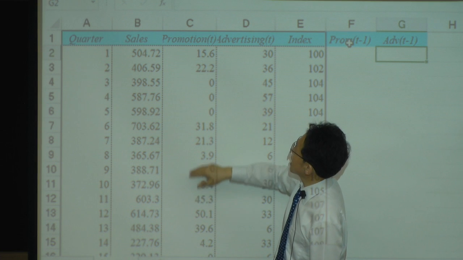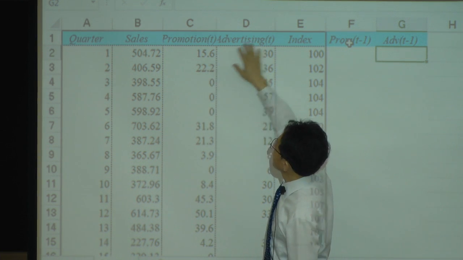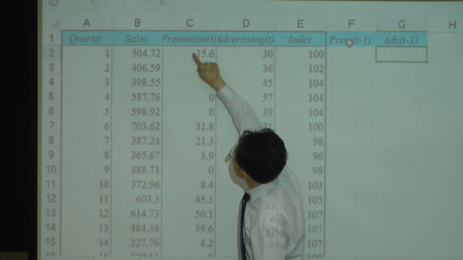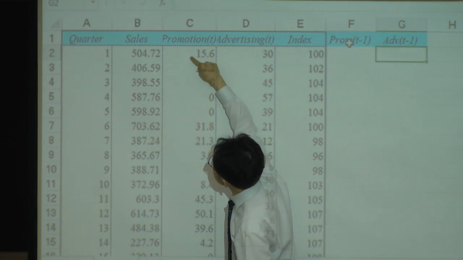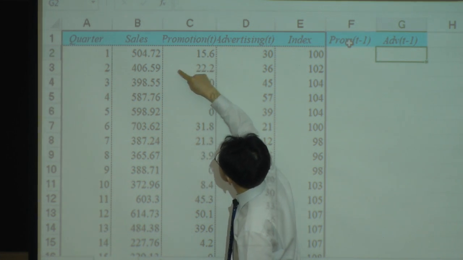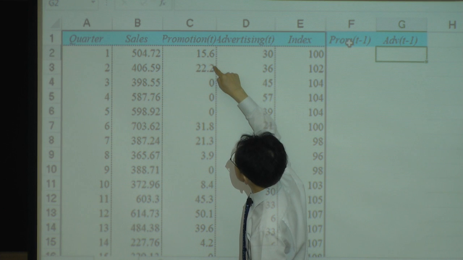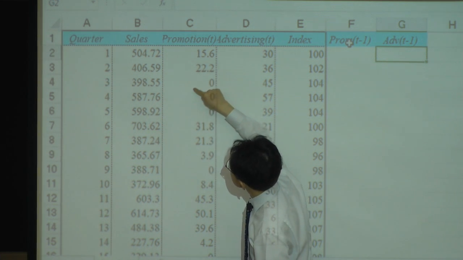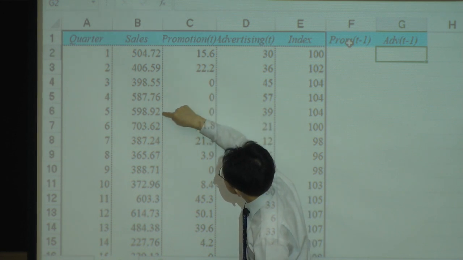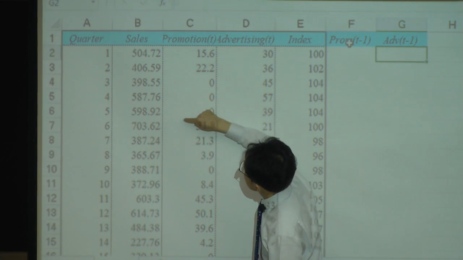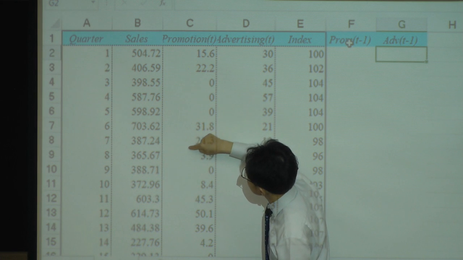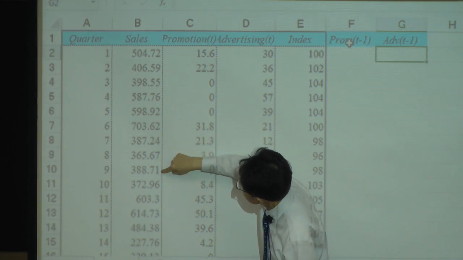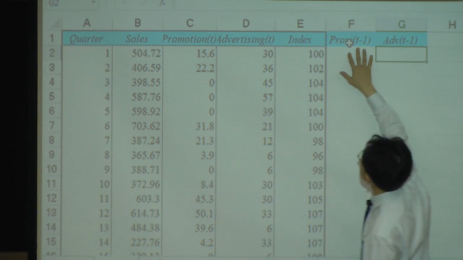And therefore, what I'm saying is that promotion in quarter 1 will have some impact on the sales on quarter 2. Promotion in quarter 2 have some impact on sales on quarter 3, and so on and so forth. So now, I can see how I can convert this variable into this one.